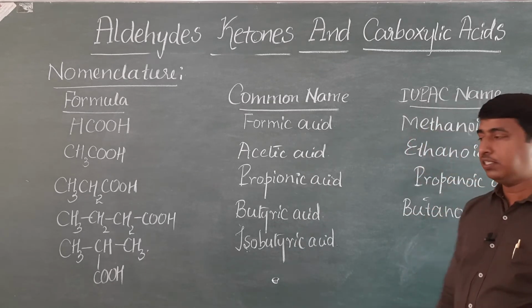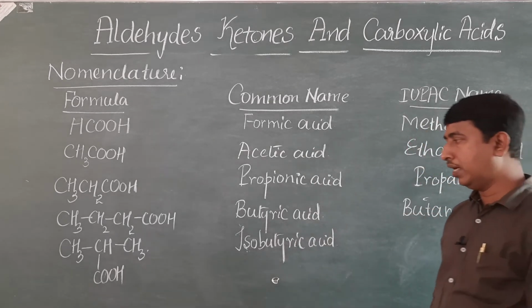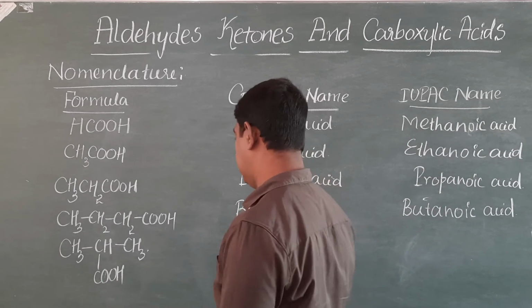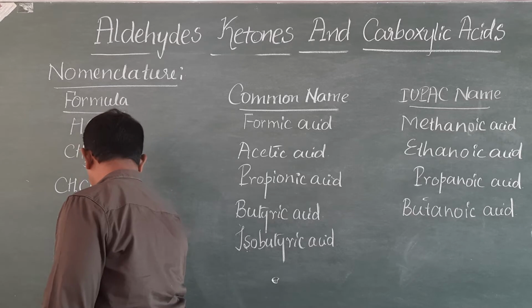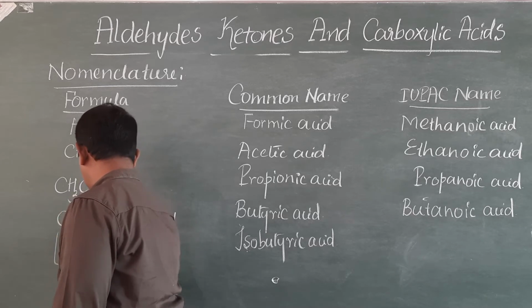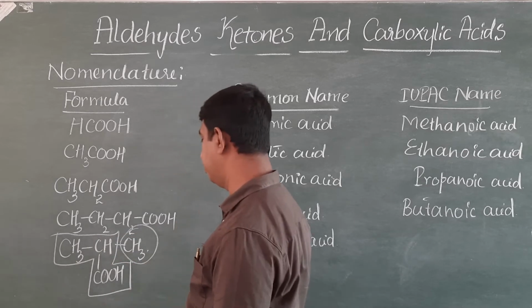Common name of this acid is isobutyric acid. Now what about the IUPAC name? See, this is the parent chain and this becomes the substituent group.